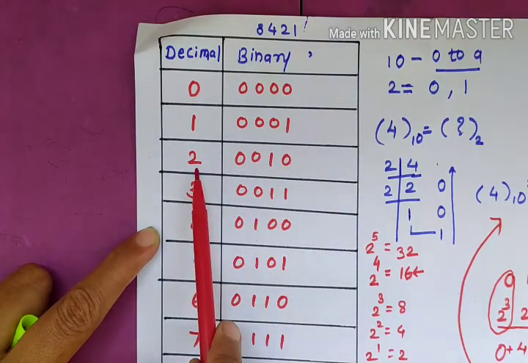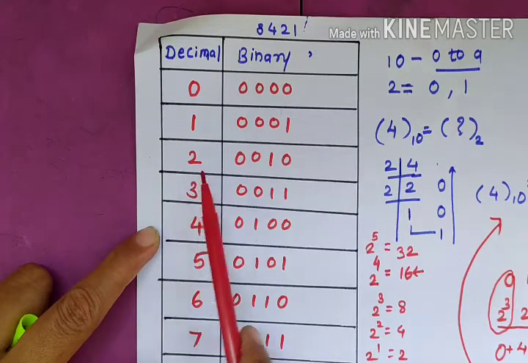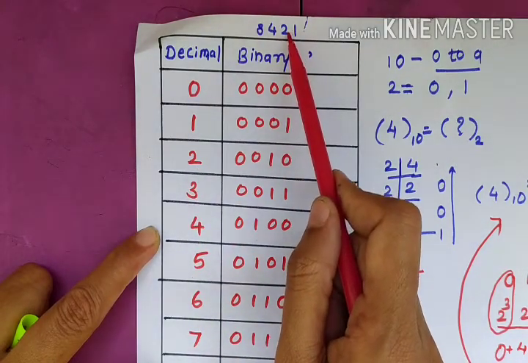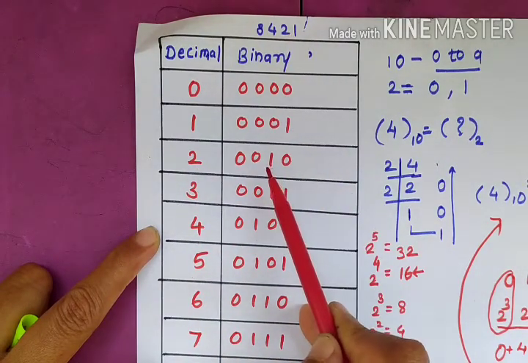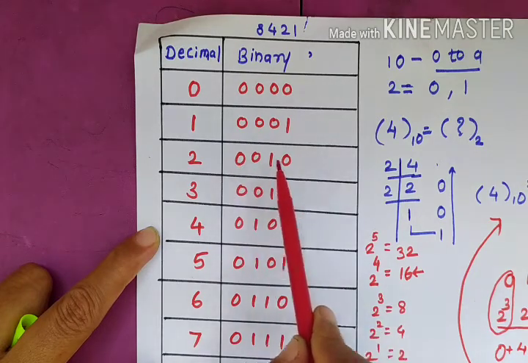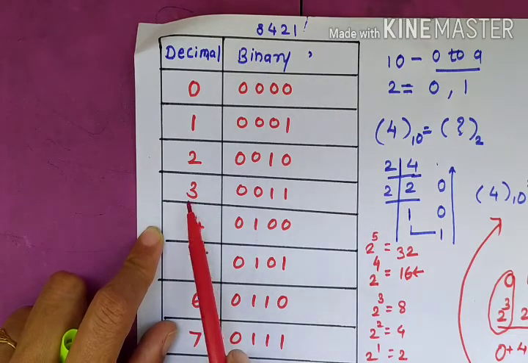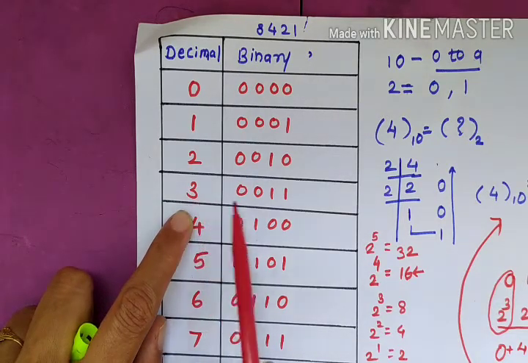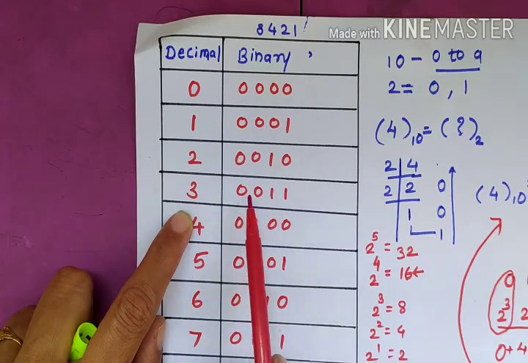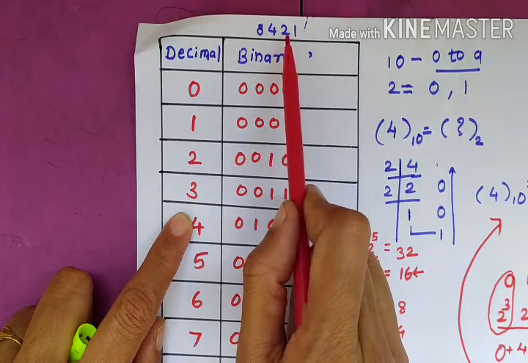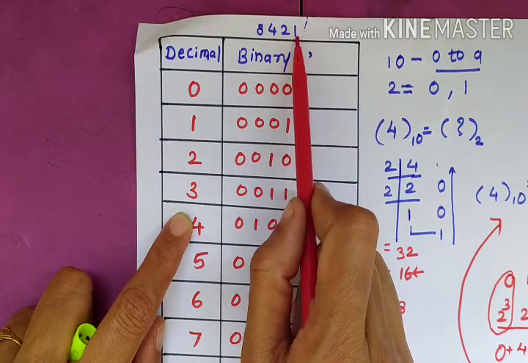What about 2? This 2 can be represented by writing only 1 below this 2 digit and 000 for all the remaining digits. Now tell me student, what about 3? If you have to represent 3 like this, then there is an addition of this 2 digit. 2 plus 1 is equal to 3.